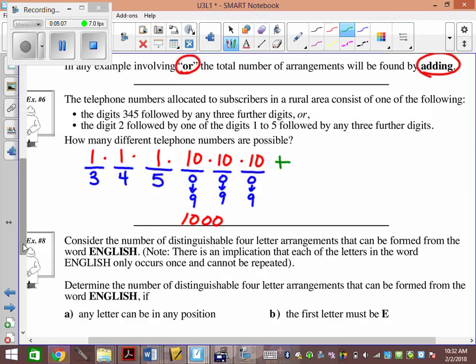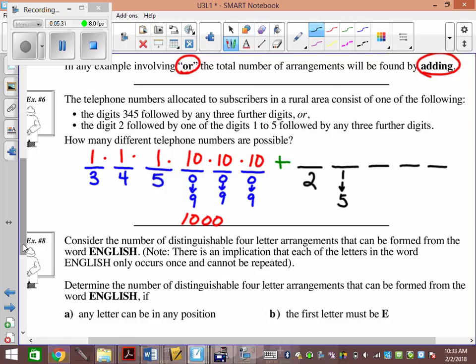So or means to add the digit 2, followed by one of the digits 1 to 5, followed by 3 further digits. Does it say anything about those 3 further digits being non-repetition?